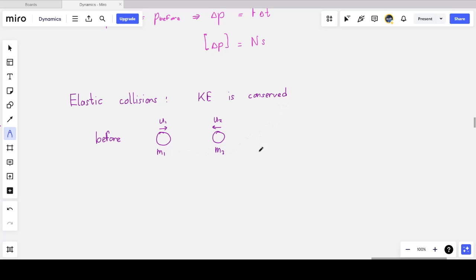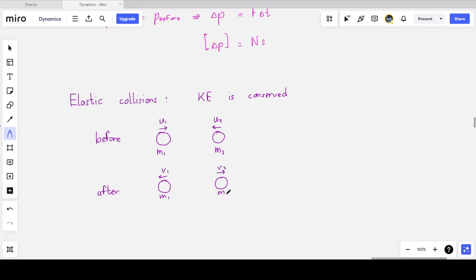So before two objects collide, they would be moving toward each other, M1, M2, very similar to what we said before. After they collide, with an elastic collision, they move off in opposite directions. So V1 to the left and V2 to the right.